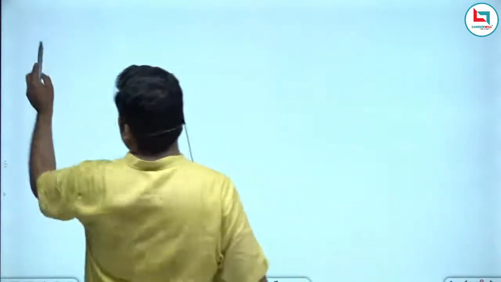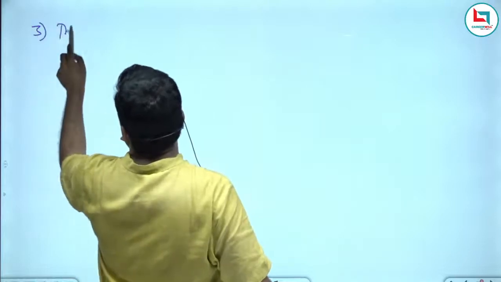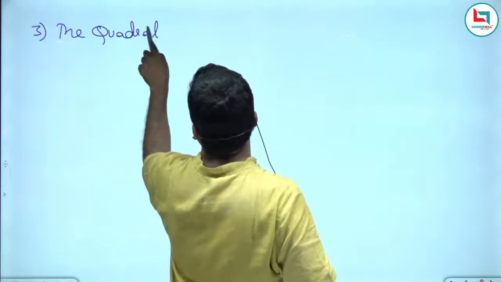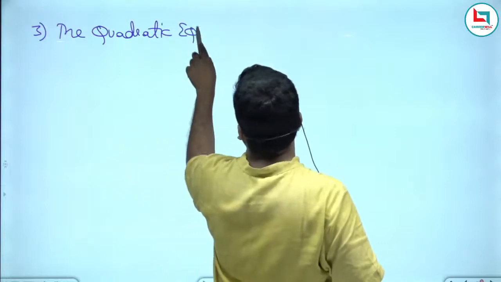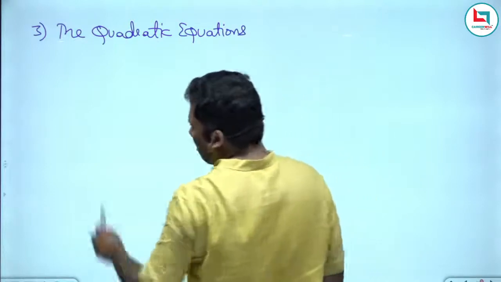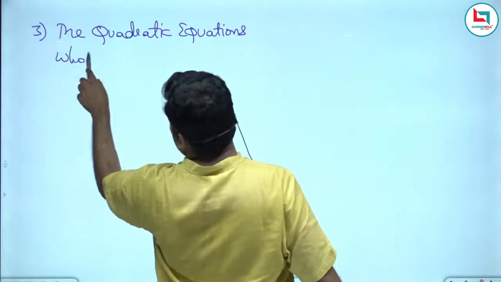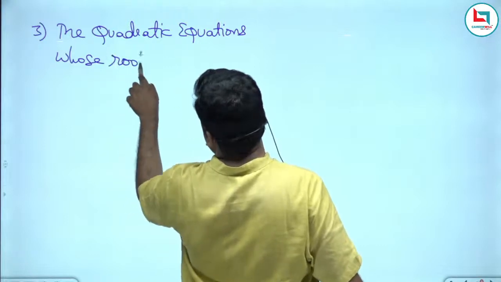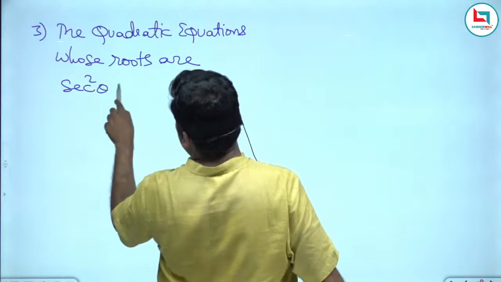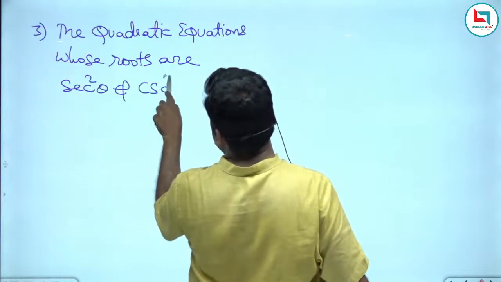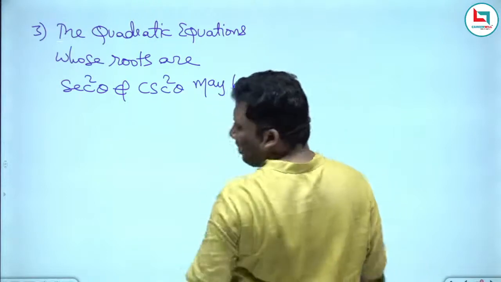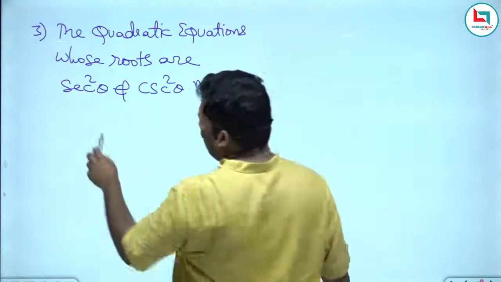please write down, sir. Third question, the quadratic equation. Third, fourth and fifth are all very good questions. The quadratic equation whose roots are secant square theta and cosecant square theta may be.